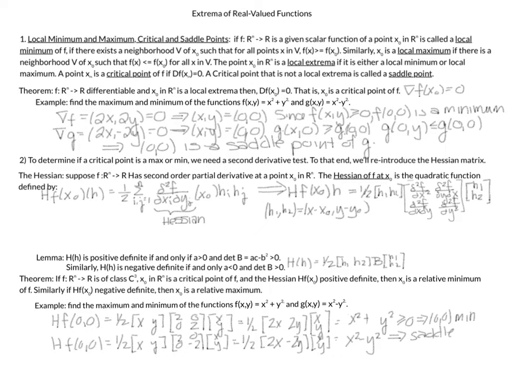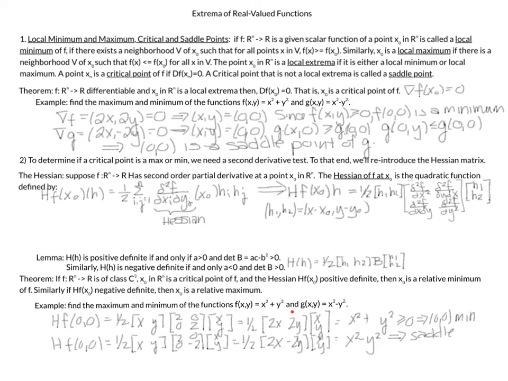Then we can put in our 1/2, our x, and in this case we're considering 0, 0 our critical point. So this is x minus 0, y minus 0, times x minus 0, y minus 0. Now I can see that the a term is greater than 0. If I look at the determinant, it's positive, which means I have a minimum.